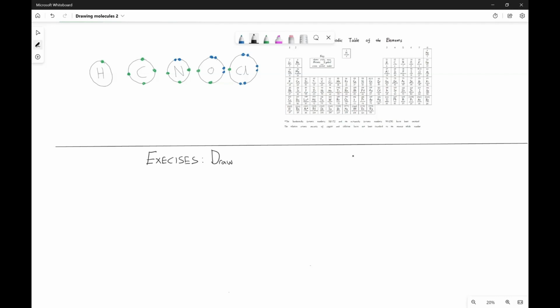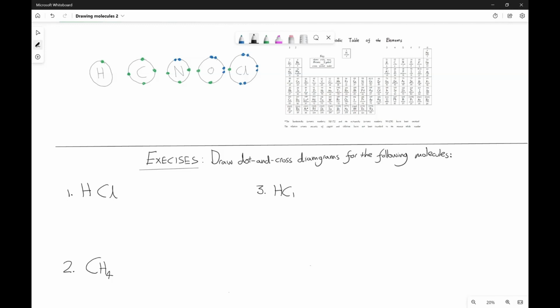So draw dot and cross diagrams for the following 5 molecules. One, HCl. 2, CH4, otherwise known as methane. 3, we've got HCN, hydrogen cyanide. 4, C2H4, otherwise known as ethene.